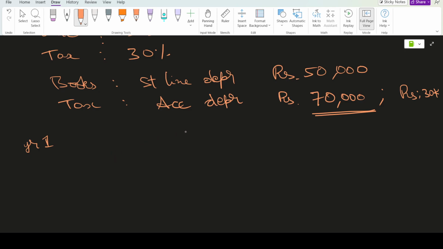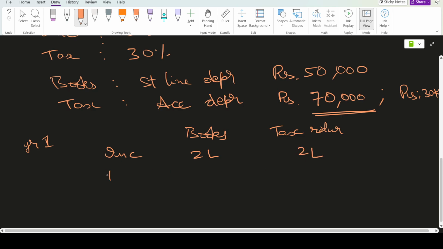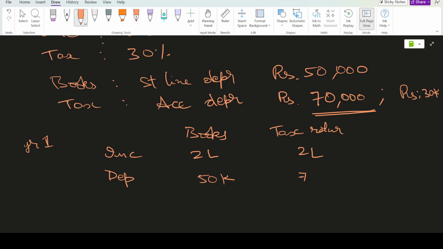Let one column be books and one be tax returns. Income is 2 lakh and tax return income is 2 lakh. But we have depreciation. For books we are doing 50K, but for tax return it is 70K.